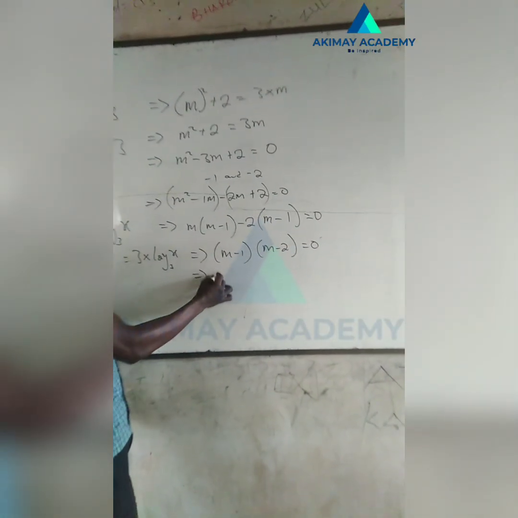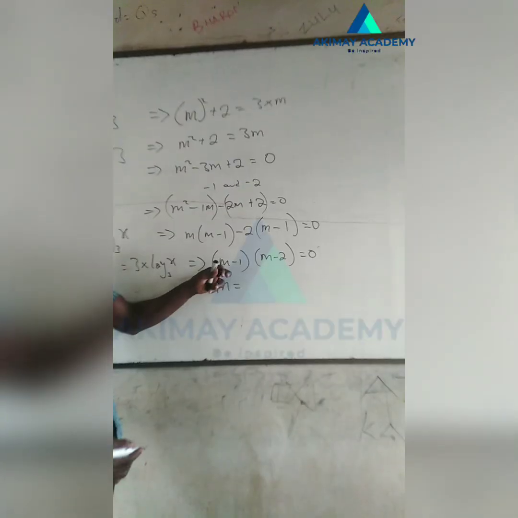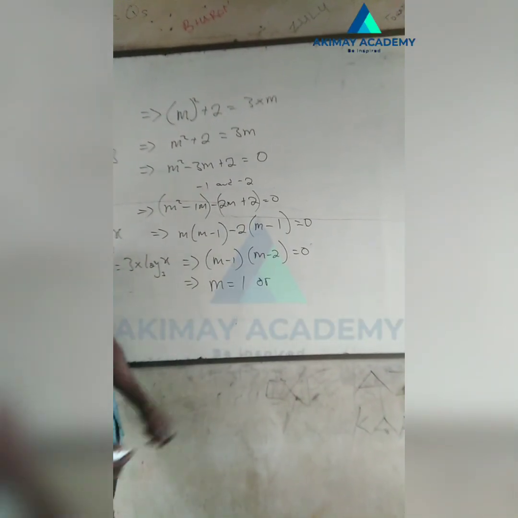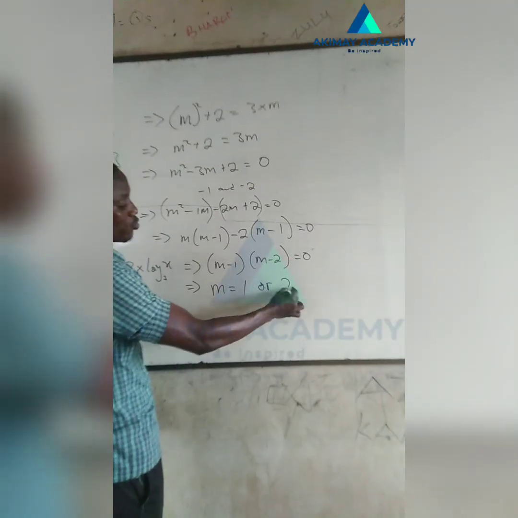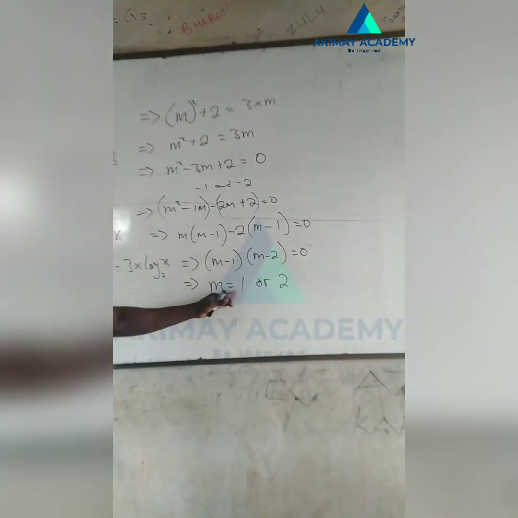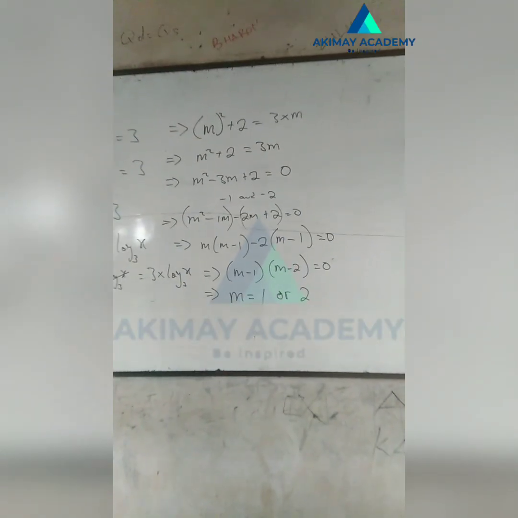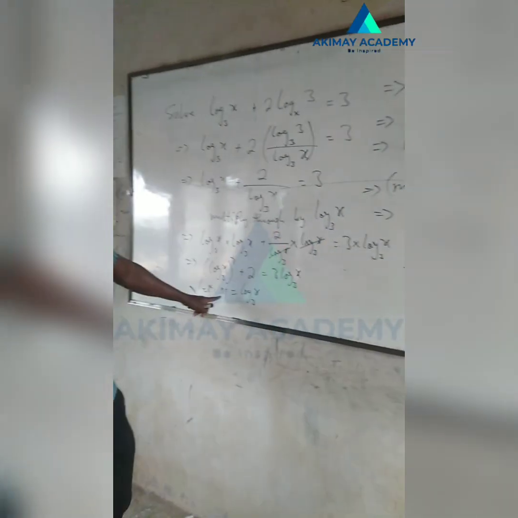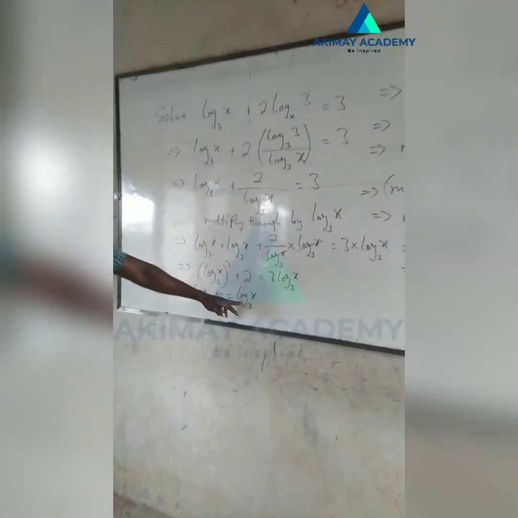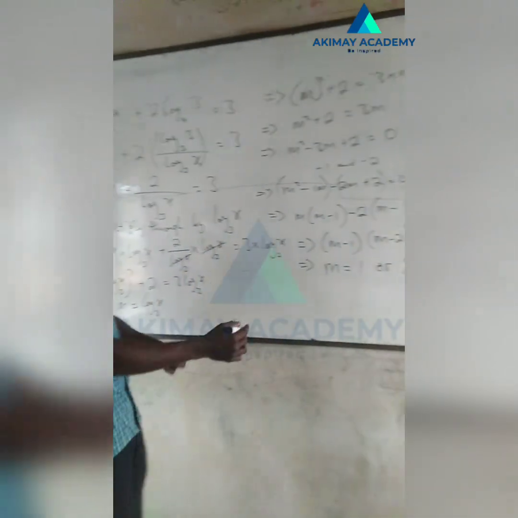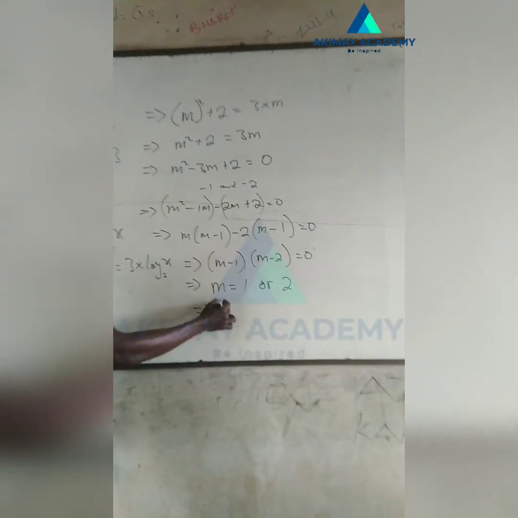So here we are going to have m equal to, if this one is equal to 0, we are getting m equals 1. Or if this one is equal to 0, we are getting m equals 2. So the values of m are 1 or 2. Now remember that m is not on its own, it is representing something here. We have m equal to log x to the base 3. So we can put it back.